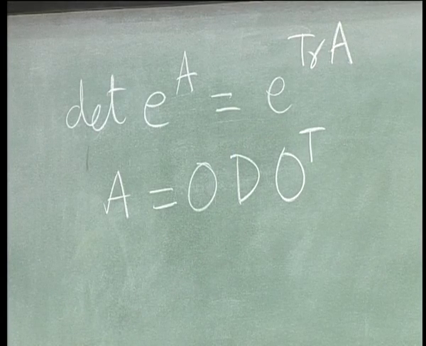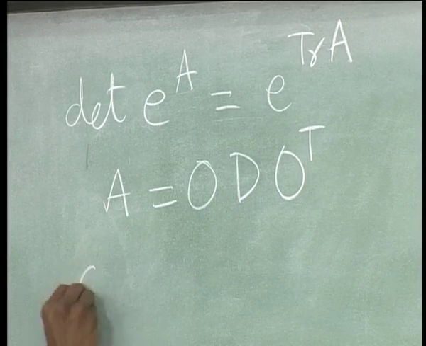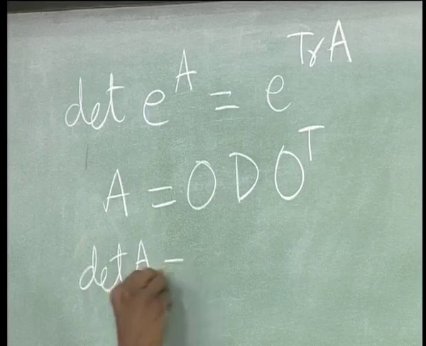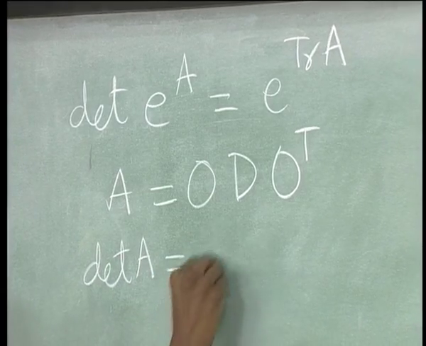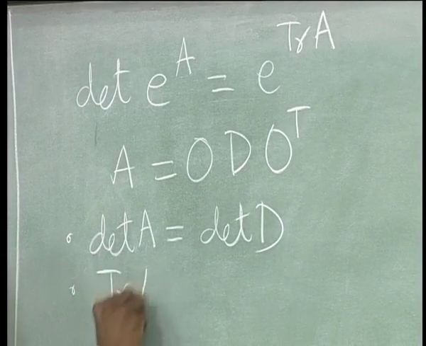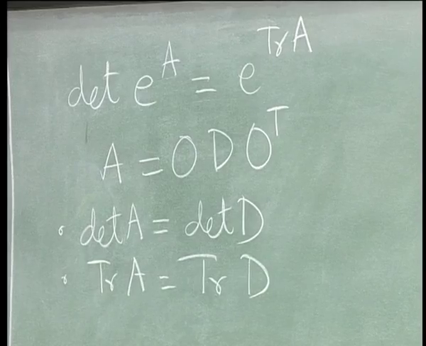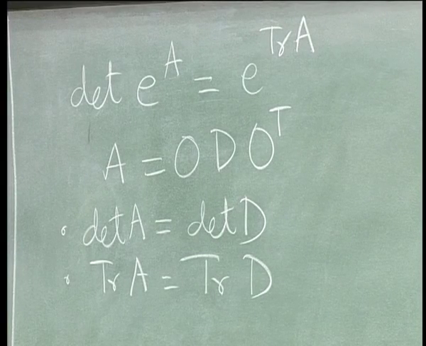Now, when you look at this, we see that the determinant of A is equal to the determinant of D, and of course, the trace of A is also equal to the trace of D, by using standard properties of determinants and traces.